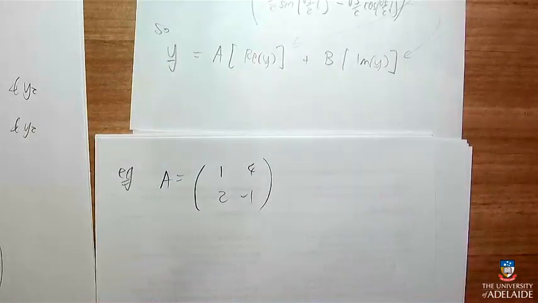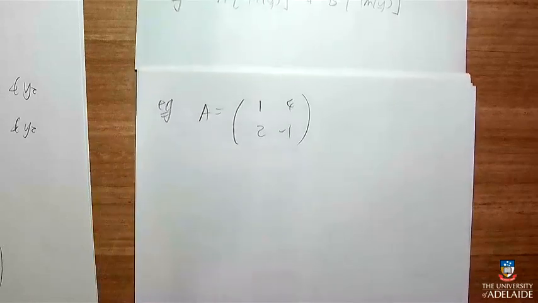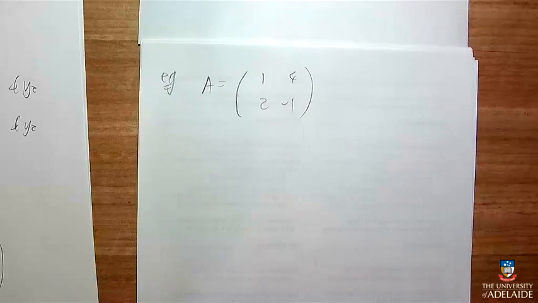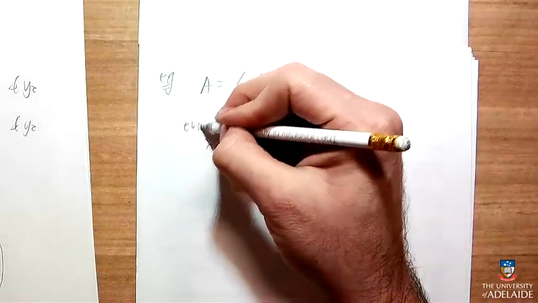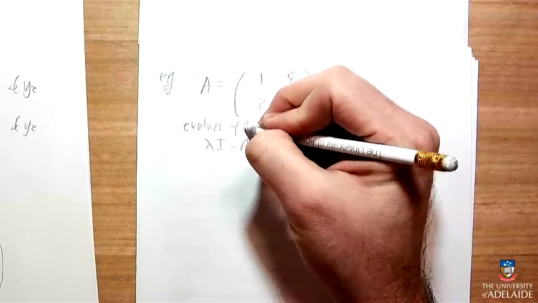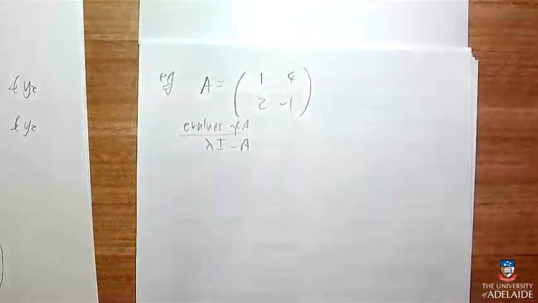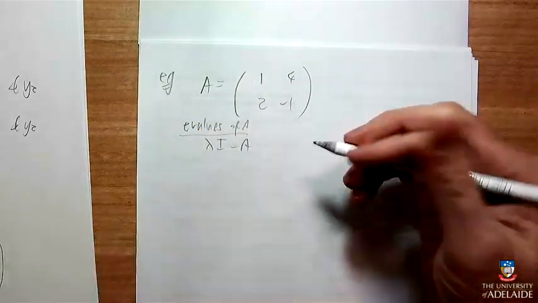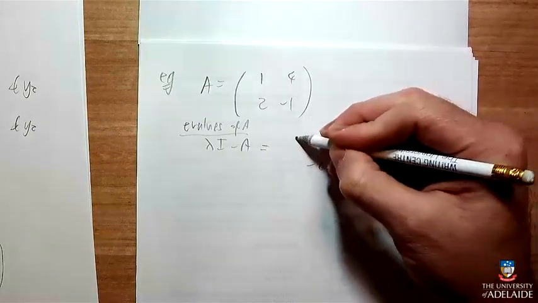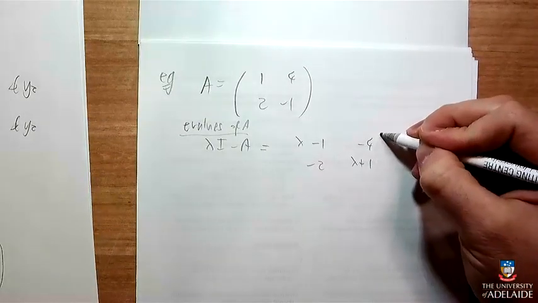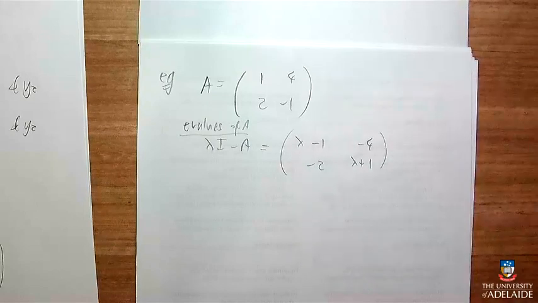Okay, so here's one more. I'm going to do one more imaginary one so that we've got a real handle on how this goes. My eigenvalues of A. That's what lambda I minus A is.